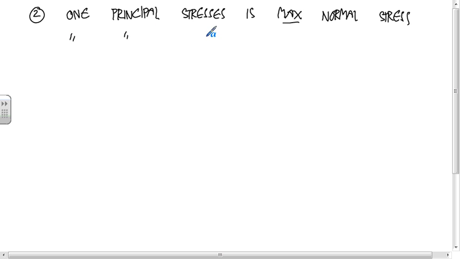One principal stress is the minimum normal stress. So I'll call the maximum one sigma 1. I'll call the minimum one sigma 2. And then there's one that's obviously in between those two.